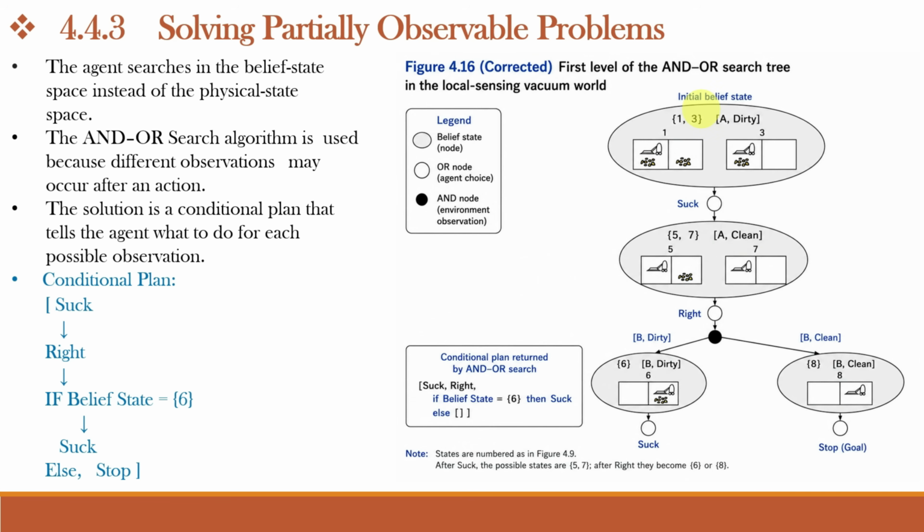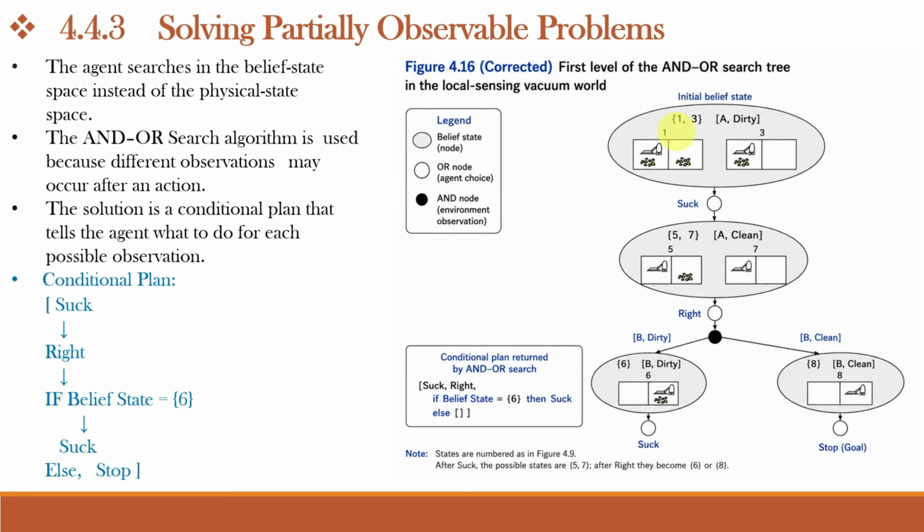Step 1 is the initial belief state. The agent first receives the percept A, dirty, and this percept is possible in state 1 and state 3. Therefore, the initial belief state is {1, 3}, and the agent is not sure whether it is in state 1 or state 3. In step 2, it performs suck. So the first action in the conditional plan is suck.